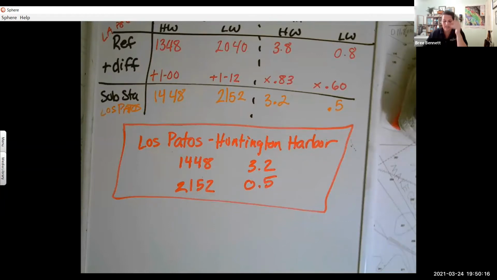So wherever this subordinate station is, at that place, there is a bigger delay with the tide change than there is in Newport versus the tide change at the Newport Bay entrance. Maybe Newport Back Bay is going to be more delayed than Newport Bay entrance, but we don't have a subordinate station for the Back Bay.